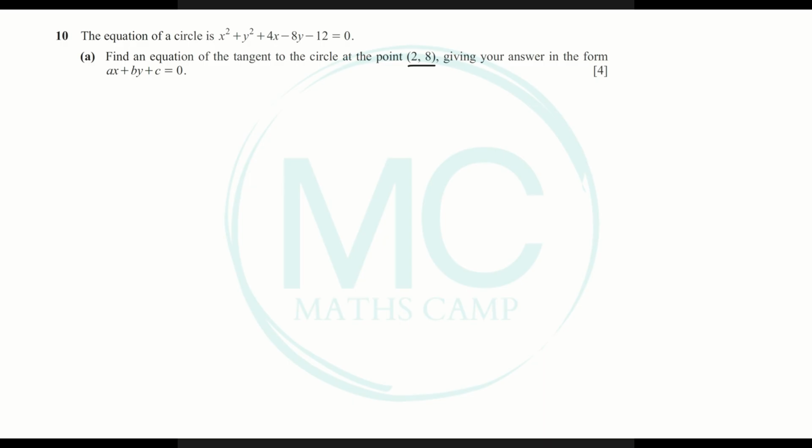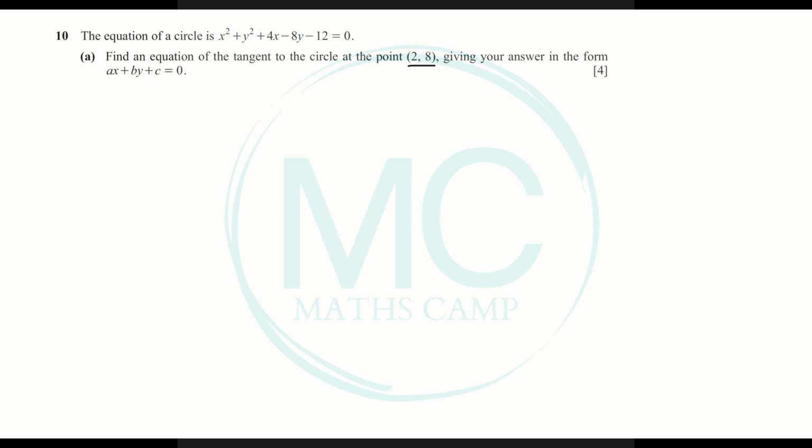Remember that a tangent is perpendicular to the radius at that point. So if we can find the gradient of the radius, we can find the gradient of the tangent. To find the gradient of the radius, we need the coordinates of the center of the circle, and we can use this equation to find them.